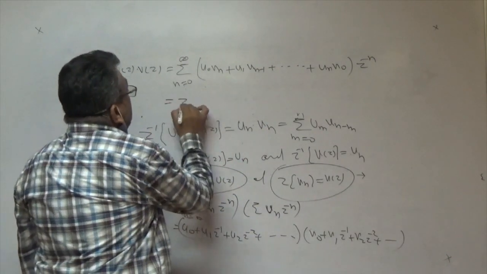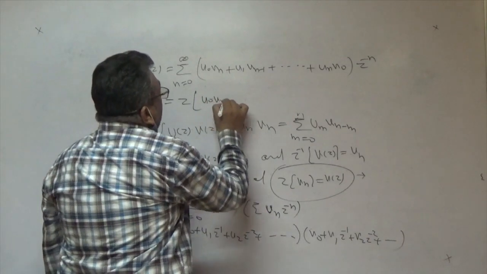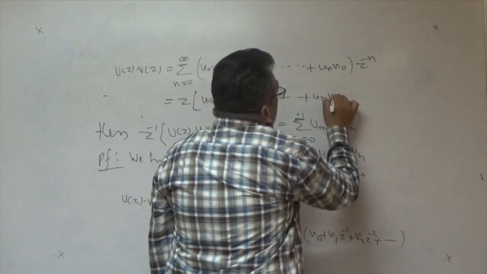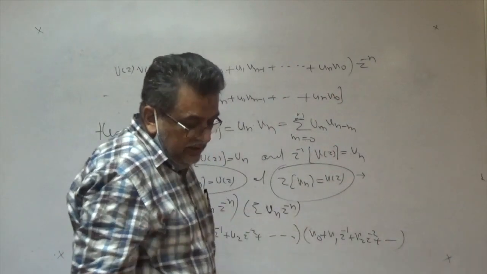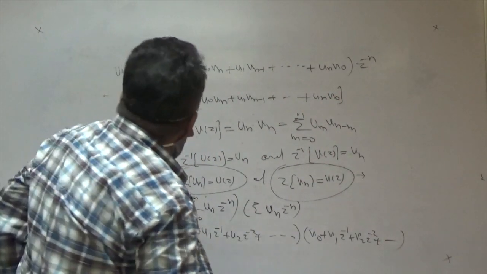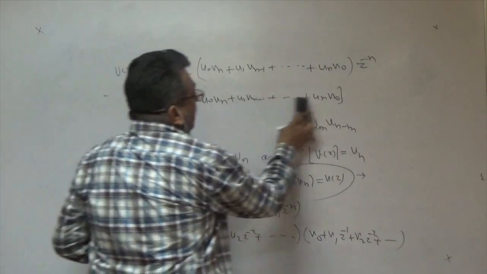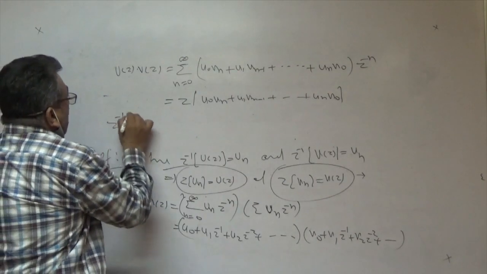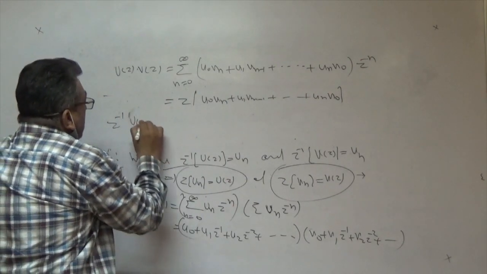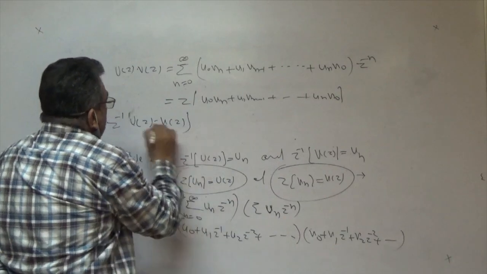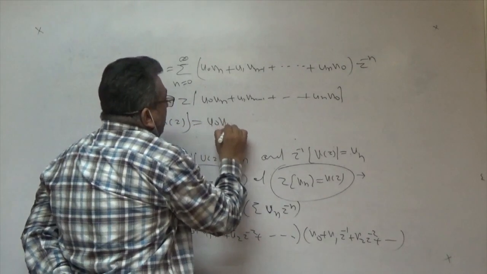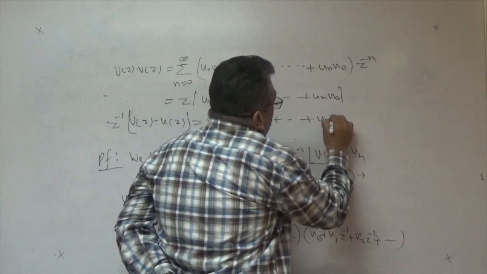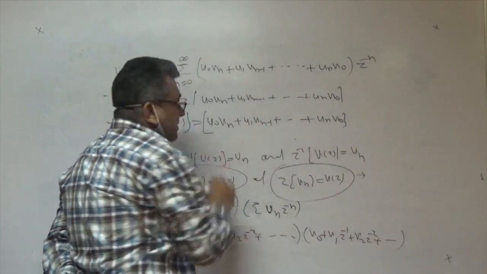This is actually the Z transform of u0 v_n plus u1 v_(n minus 1) plus and so on plus u_n v0. And so the inverse Z transform of u(z) and v(z) is equal to u0 v_n plus u1 v_(n minus 1) plus and so on plus u_n v0. That is the sequence, right?